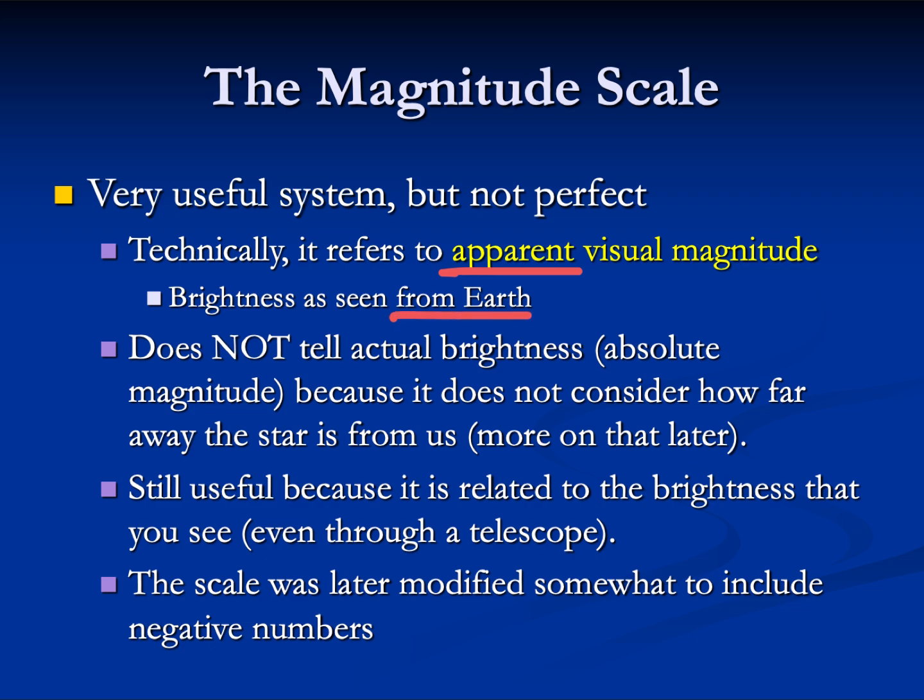Later in the course, we'll talk about another brightness scale that isn't dependent on a star's position relative to Earth. The numbers that were originally assigned to stars have changed a little over the last few hundred years.